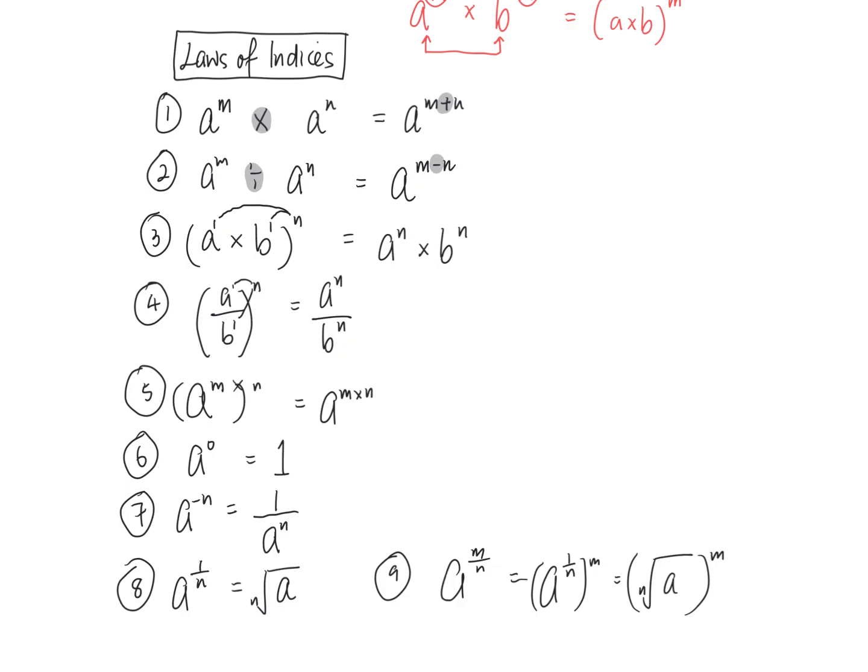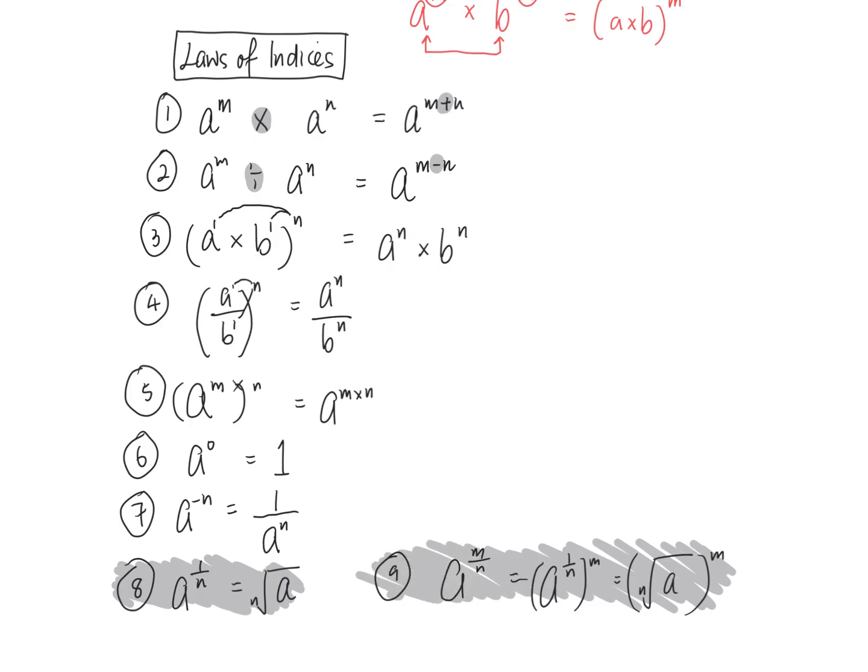Okay, so just make sure you remember the laws, because when we learn chapter 3 of A Math, which is surds, we are dealing with a lot of fractional powers, because surds involve radicals.